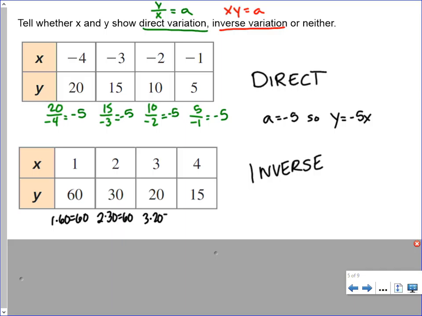Yeah. Did anybody in your group check inverse? Did anybody check direct first? Yeah. Sometimes you might just be able to look at the numbers and see that they're not going to multiply to be the same thing. But Sierra's explanation is great.